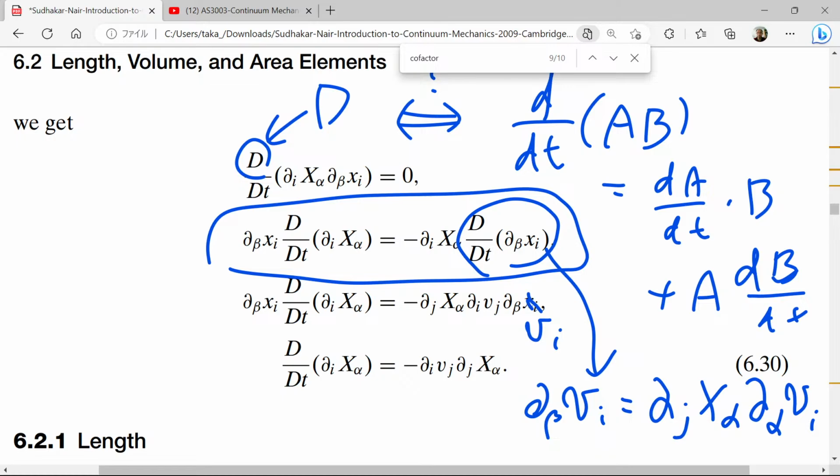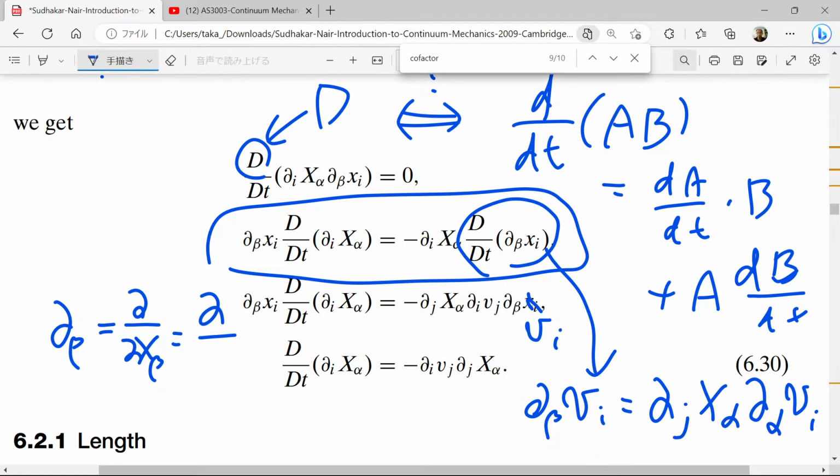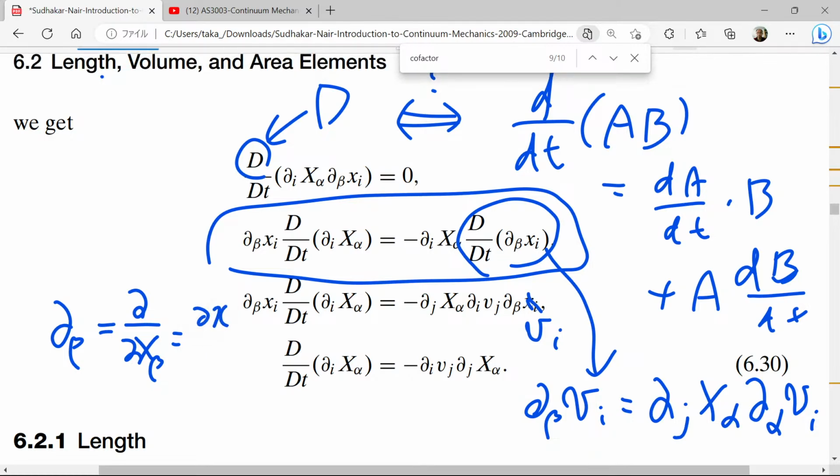Is this strange? Let me see. Partial beta is partial x beta. This is like this: partial xj, partial x beta, partial xj.